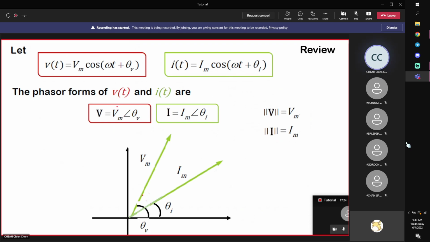In polar form, you just take these values directly. In rectangular form, you take the square of the real part plus the square of the imaginary part, and then take the square root. As for the phase difference, it's just the difference between theta v and theta i, the angles which the vectors make with respect to the reference. So we take the difference and we get the phase difference.